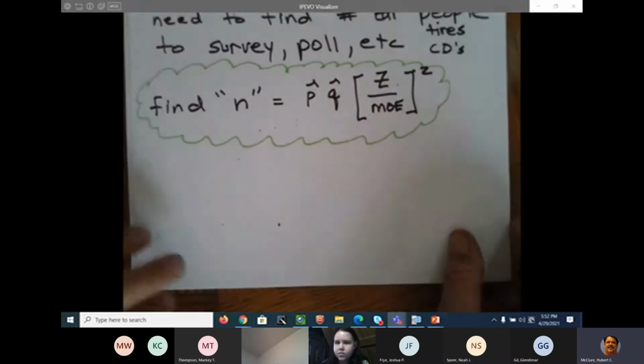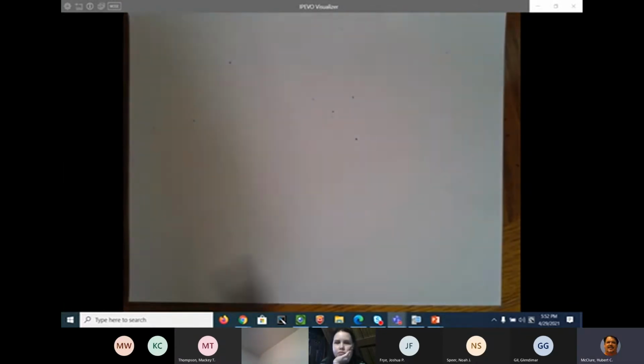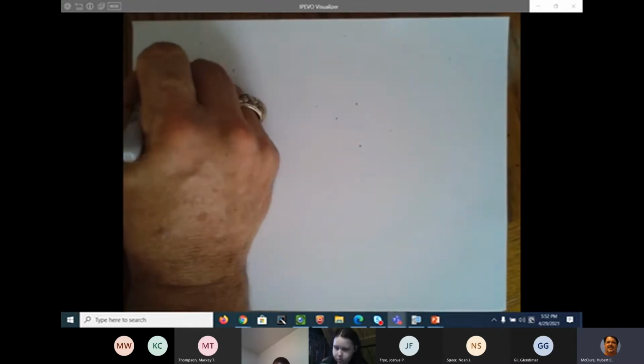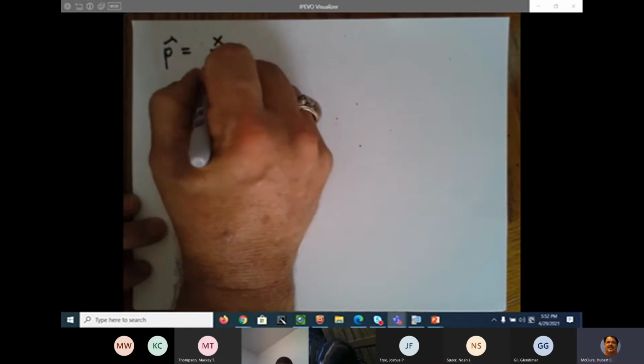Okay, so let's make a cheat sheet. And here's the cheat sheet for 9.1. You need to have p hat is equal to x over n.